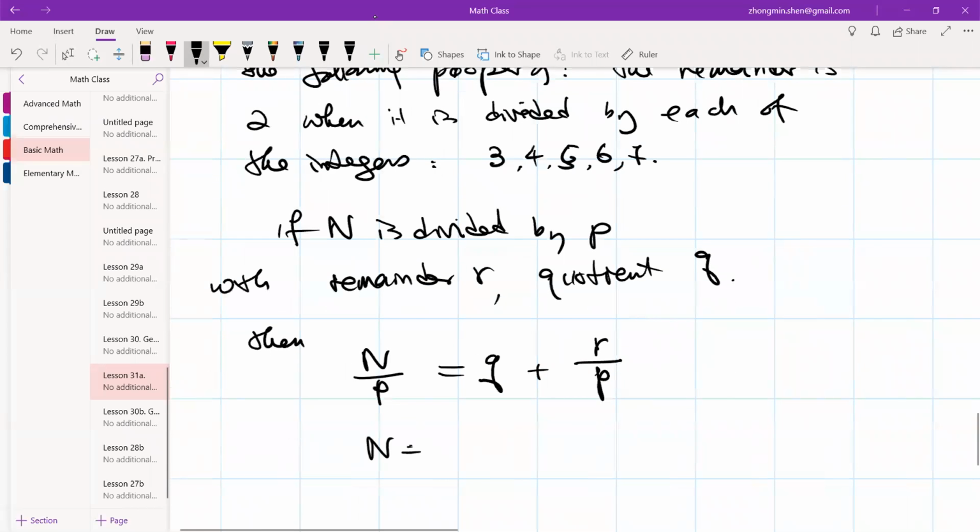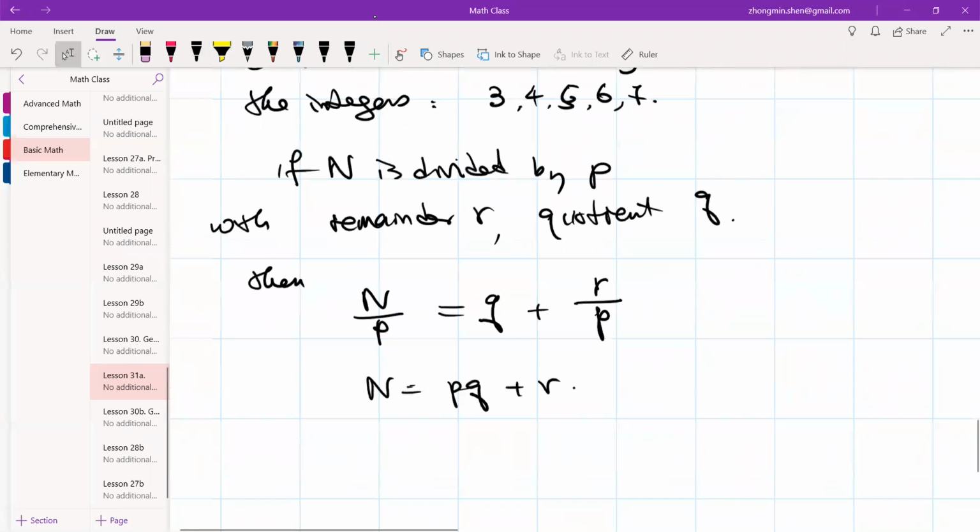If you multiply both sides by p, you get pq plus r. Now be careful. This means n minus r is pq, which is divisible by p. N itself is not necessarily divisible by p, otherwise the remainder would be 0.